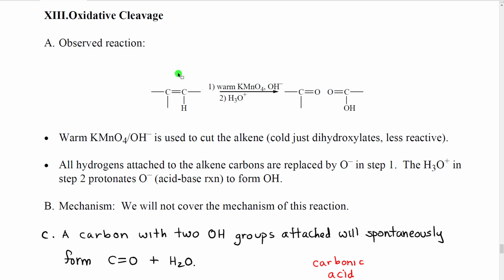In this reaction, we will again cut the alkene into two halves and insert oxygen on each half of the double bond, creating carbonyls. However, we will also replace any hydrogens directly attached to the alkene with hydroxyl groups.